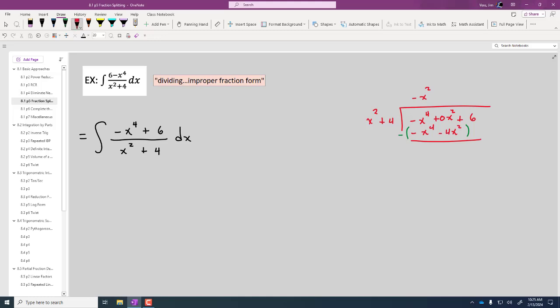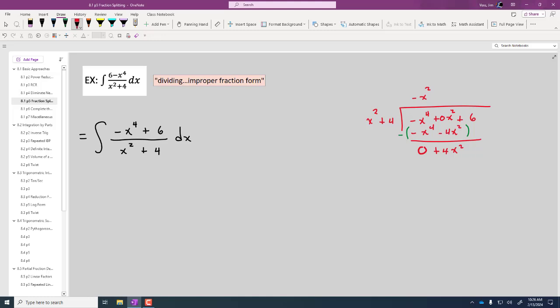So I'll always put this minus sign out in front and parentheses around that whole quantity. You can just change the signs if you're super confident and you're good at it. So then we can think about distributing this minus. So it's going to be negative x to the fourth plus x to the fourth, which is 0. So 0x to the fourth. And then here we have 0x squared plus 4x squared, that's 4x squared. This power is still not under that power, so we have to keep on going.